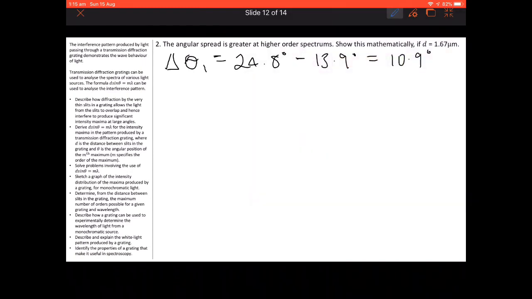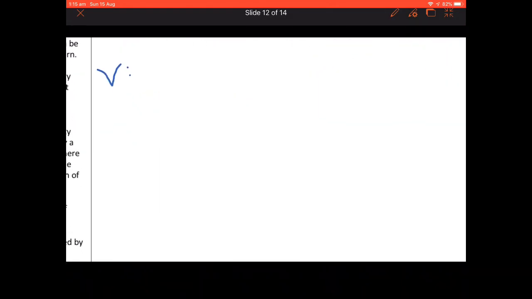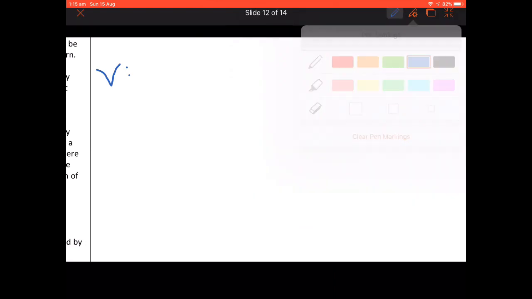If we now have a look at violet light, we'll use almost the exact same equation.